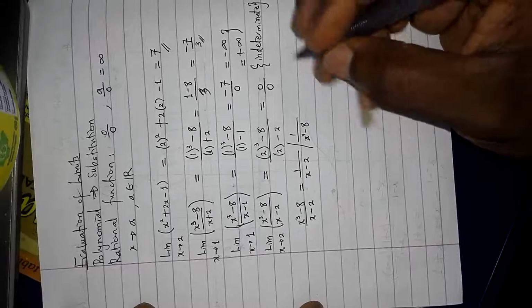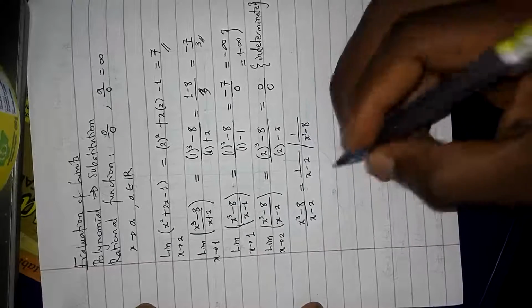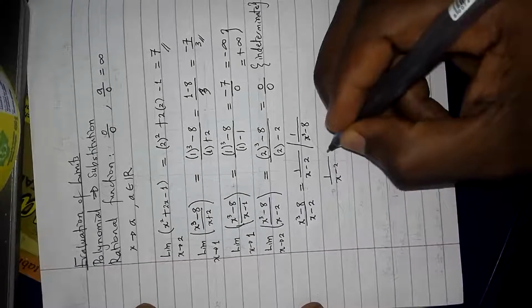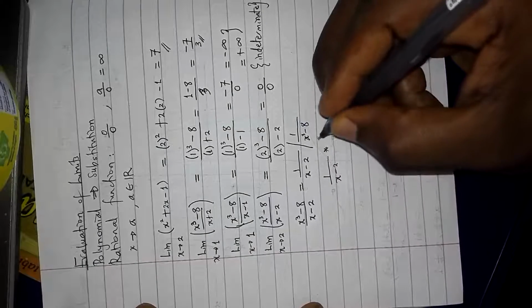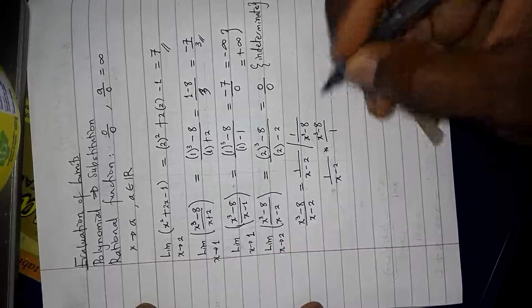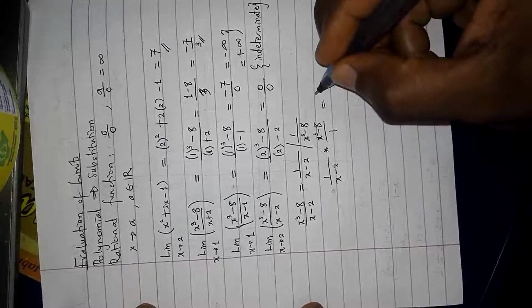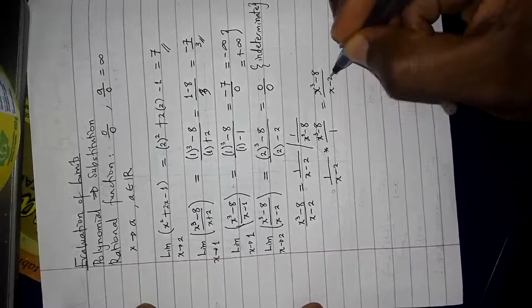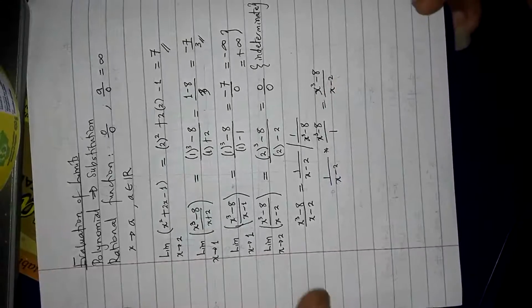Do you agree with this? 1 over x minus 2 divided by this is the same thing as 1 over x minus 2 multiplied by the inverse of this, which is x cubed minus 8 all over 1. So from here you are going to have x cubed minus 8 all over x minus 2. So they are equivalent functions.